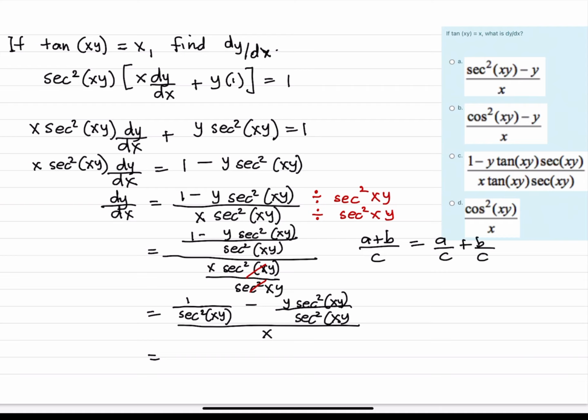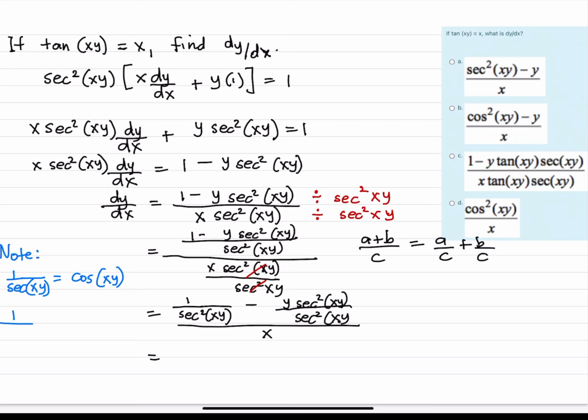Take note that 1 over secant xy is cosine of xy. Why? Because secant and cosine are reciprocals.